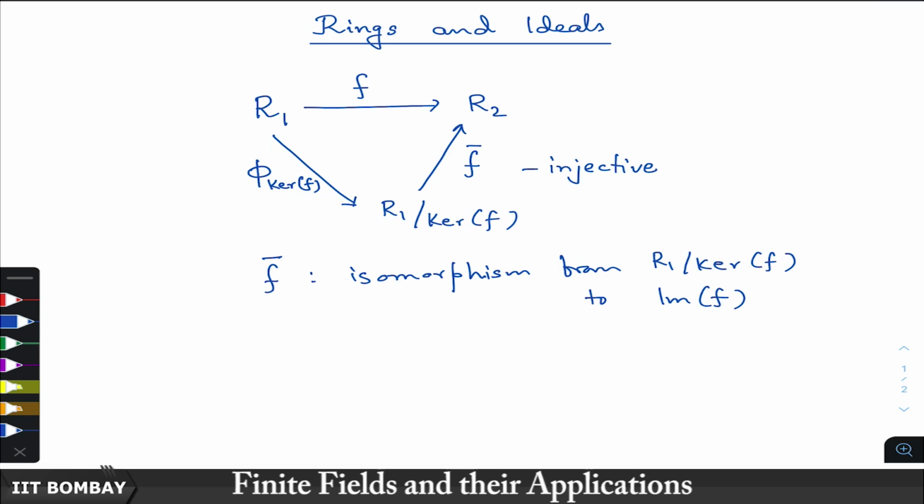So, this part of the map is injective, and the canonical homomorphism, the first part, is surjective. So, this F map can be broken into these two parts. The first one is surjective, the next one is injective.